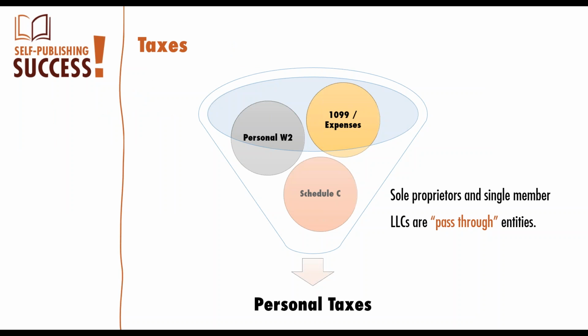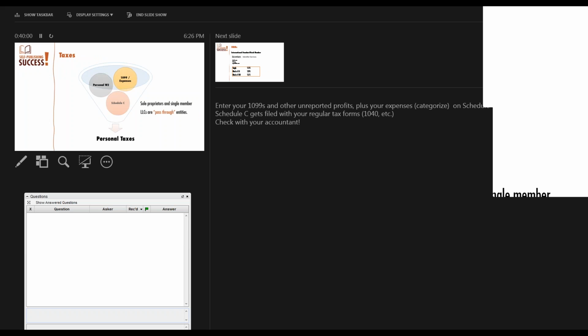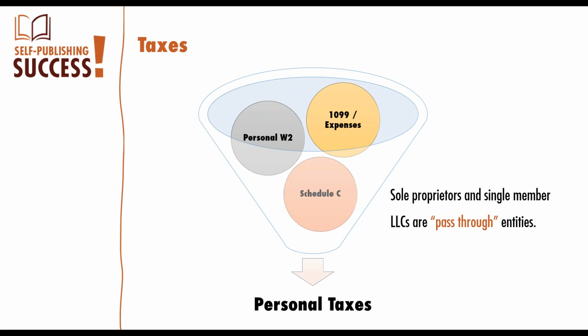You also have your personal W-2. If you have a job, you're probably getting a W-2. And then you fill out a Schedule C. All of that goes through onto your personal taxes, say your 1040. That is all reported there. So Schedule C is for the business. The 1099 expenses, all your profits you put on the Schedule C. They'll give you a line item number at the end that you then put on your 1040, and you file everything, pay Uncle Sam.